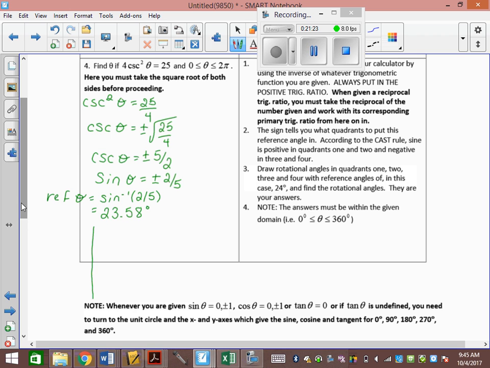Now, if I use CAST, where is sine positive and negative? Every quadrant. Because I need positive and negative. Do you see the problem if you forget to put the plus or minus sign in front of the square root sign? You're going to get half the answers. People do that.